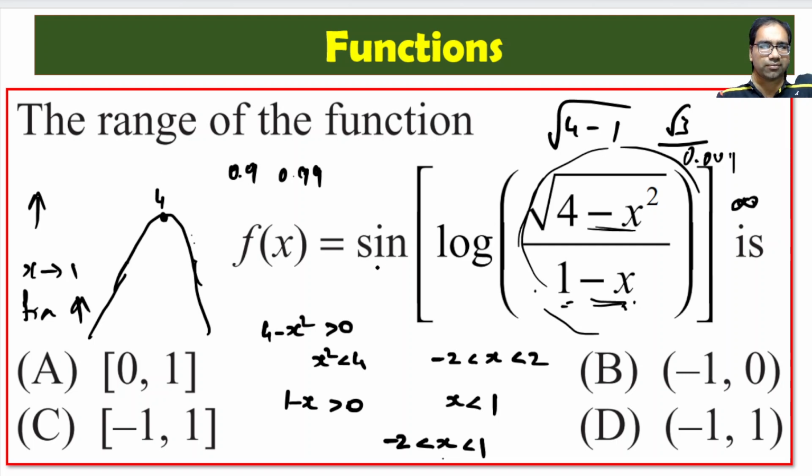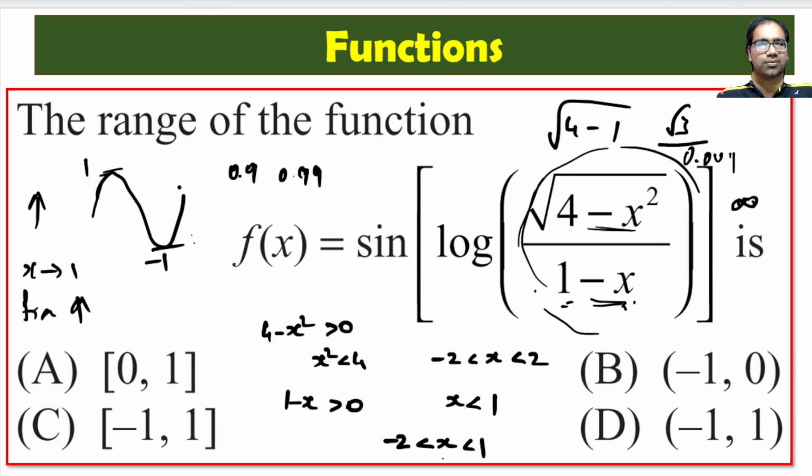And then there is the sine function. For the range of sine, it is 1 to minus 1. This is 1, this is minus 1. And how much do we need for the sine cycle? We need the period of 2 pi.